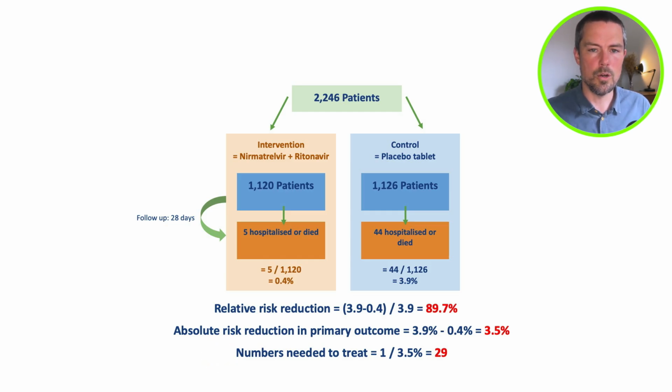So that's 1 over 3.5% or 0.035, and that is equal to 29. So that would mean that 29 people would have to take Paxlovid in this population for 5 days, and 1 person would benefit and 28 people would not get any benefit.